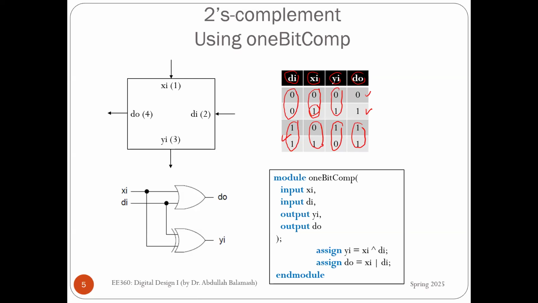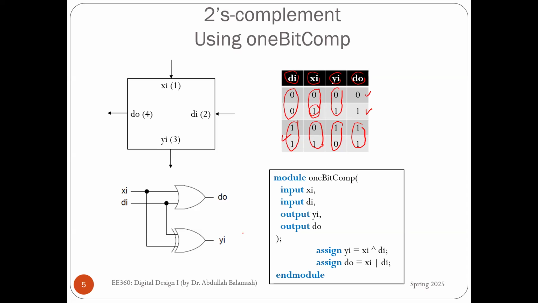Let us now start writing the Verilog module for this circuit. Okay, now let us write a Verilog module for that. This is a module for 1-bit COM. And this is the circuit. Say module 1-bit COM. We have 2 inputs, 2 outputs.